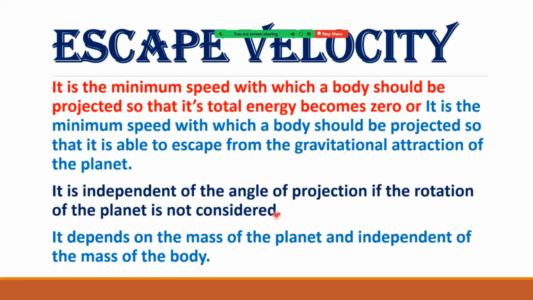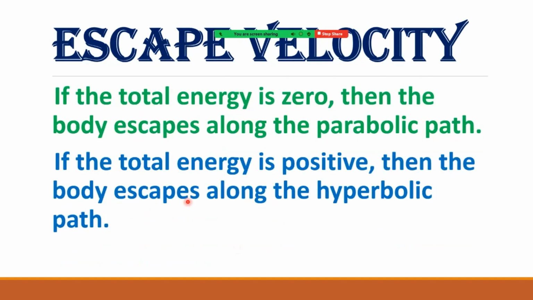In this, we are simply writing half m v square. In which direction we are projecting is not important if rotation of planet is not considered. Next, it depends on mass of the planet and is independent of mass of the body. And next, if total energy is zero, it follows a parabolic path while escaping. If total energy is positive, it follows a hyperbolic path while escaping.